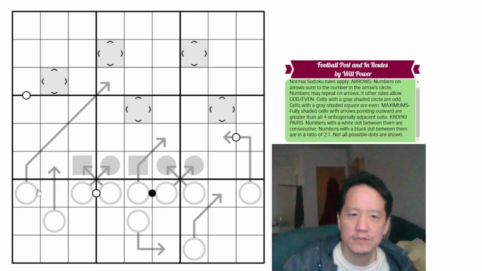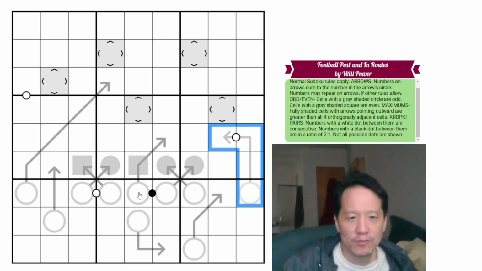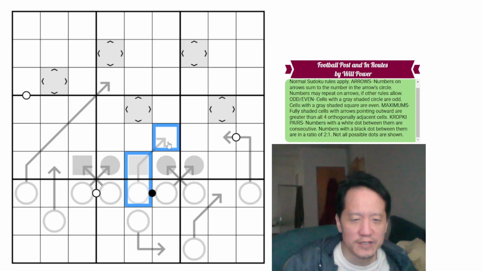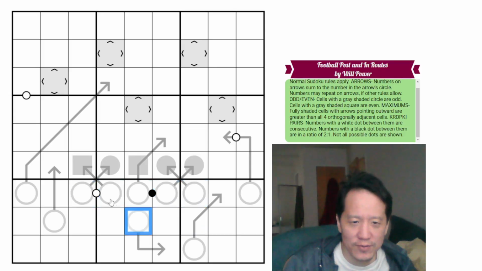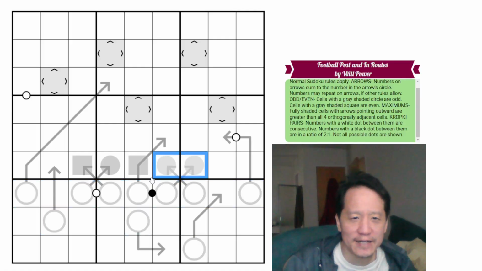And I do know this is a post and this is an in route. Now, I'm not really sure what the center is doing because the center shouldn't be going out that far in pass protection. But anyways, we only have, though, this is 7. We only have 10 on each side.